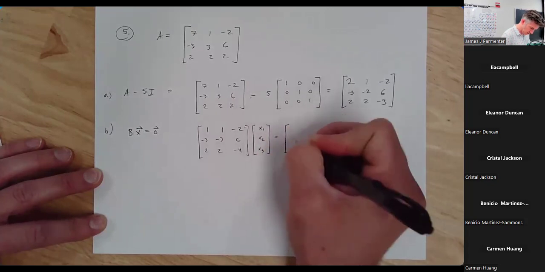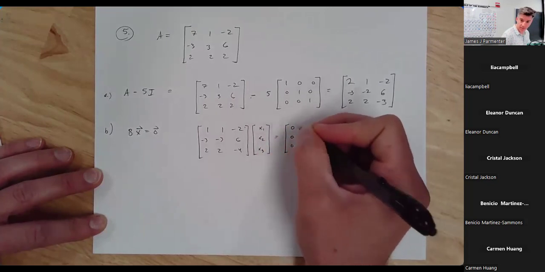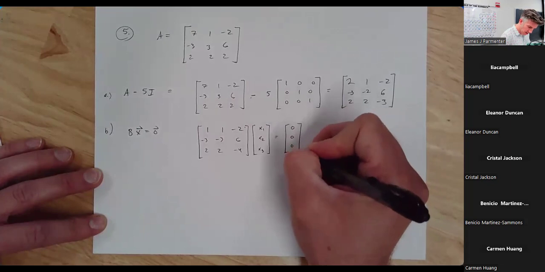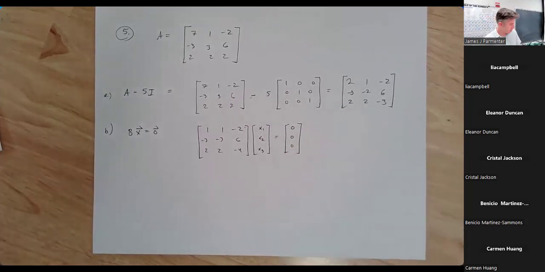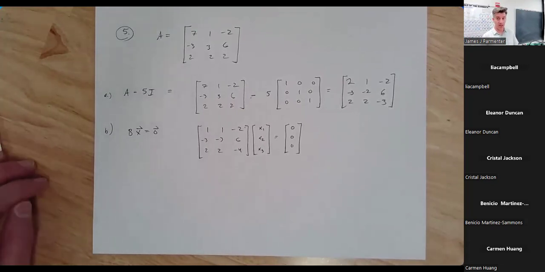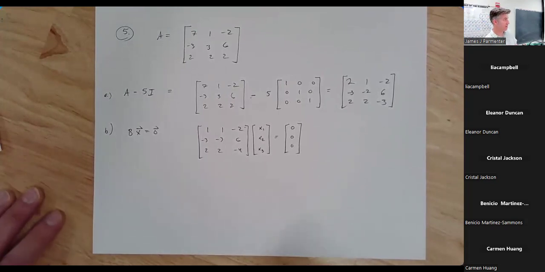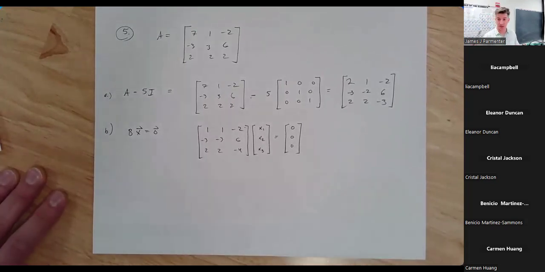We want this to equal 0, 0, 0. How do I know the matrix I is 3 by 3? Because otherwise the subtraction doesn't work. If they're asking you to calculate A minus 5I, the implication is always that I is the right size that it needs to be. So whatever size your identity matrix needs to be so that the addition, subtraction, or multiplication works, that's what it gets to be.